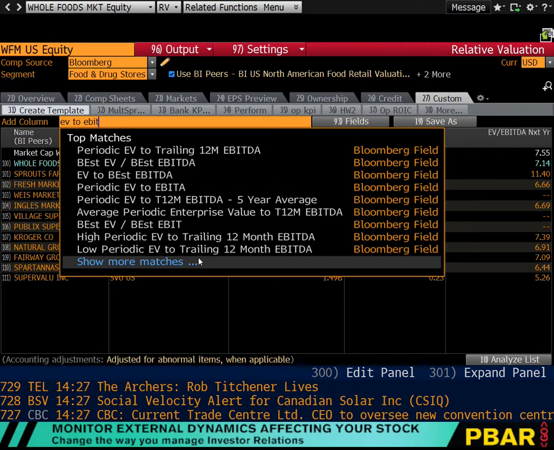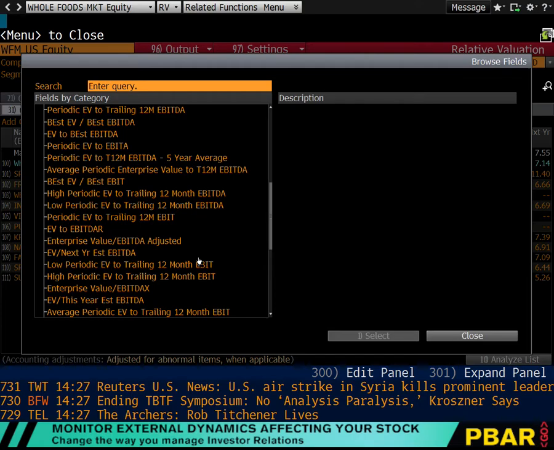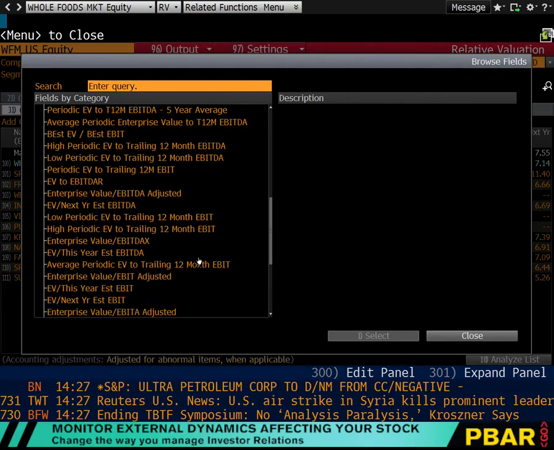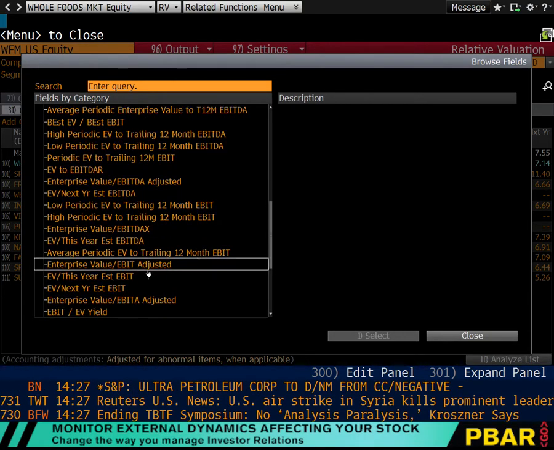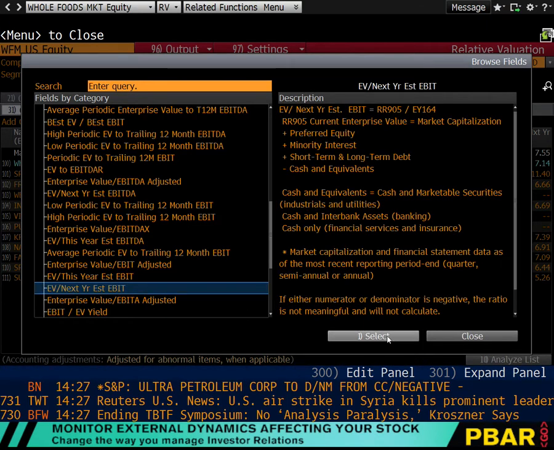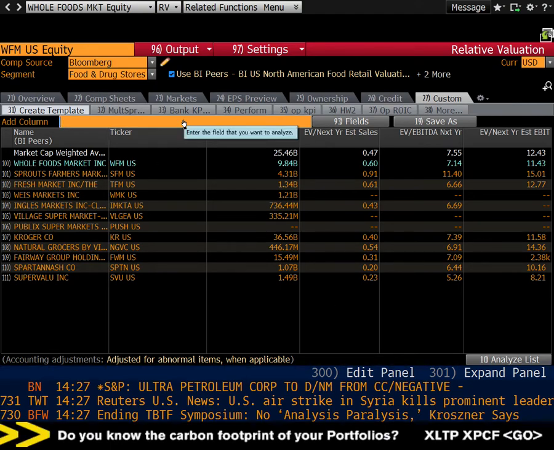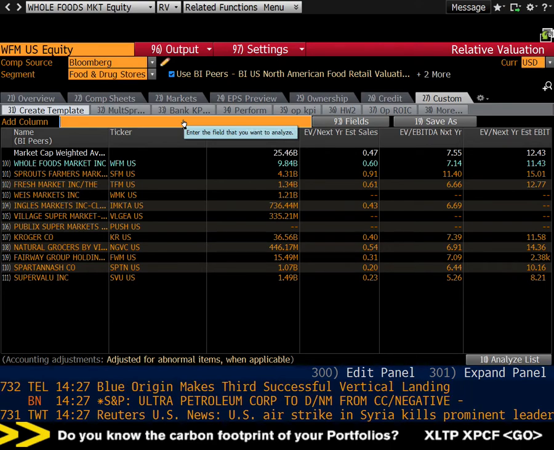Again, there's a lot of EBITs in here, so show more matches. Scroll down, and we want EV to next year estimated EBIT. Right? So those are the next 3 EV to EBITs. EV to EBITDA, EV to sales.